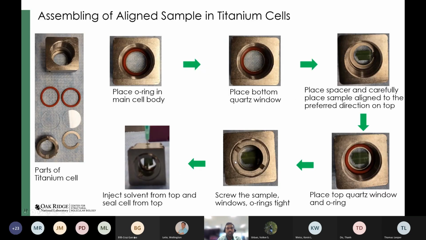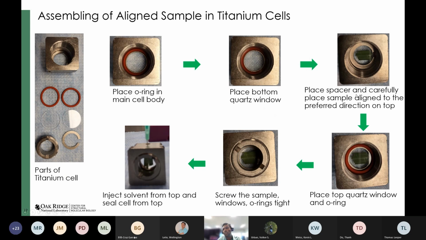In the next slide, I'm showing you how we assemble the cells. We first put in the O-ring. We have two different O-rings we can use for different chemical environments. For water, we can use regular O-rings, but if you have an organic solvent, you have to use a special O-ring, which is available with us. So we put in the O-ring and then the first window. Then we put in the spacer, which determines our path length.